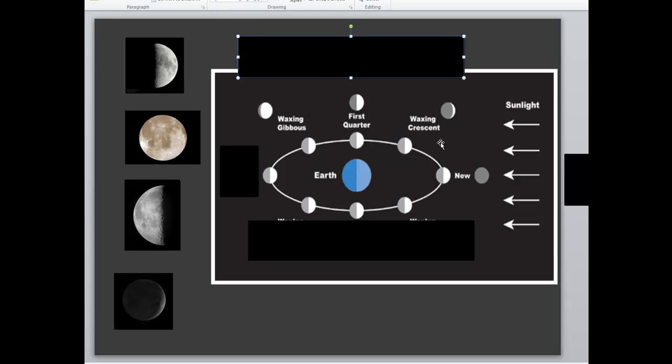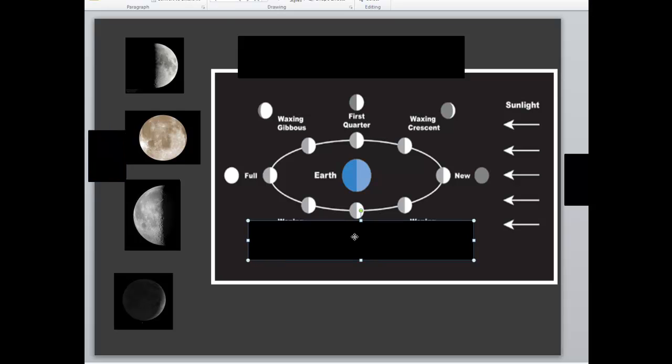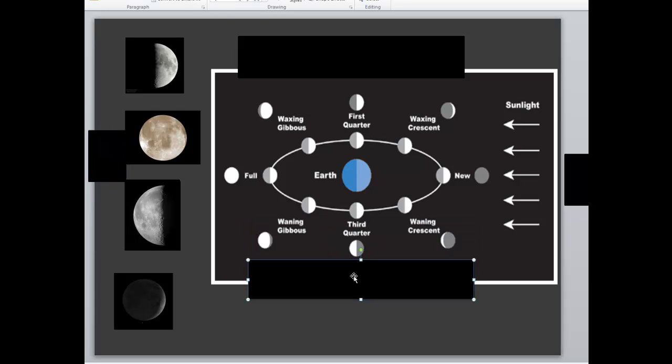If you look up the word waxing, I'm not even sure what the definition would be, but if you think of it as growing, that would help. And then first quarter, waxing gibbous, and then here of course is our full moon, and then here waning gibbous.